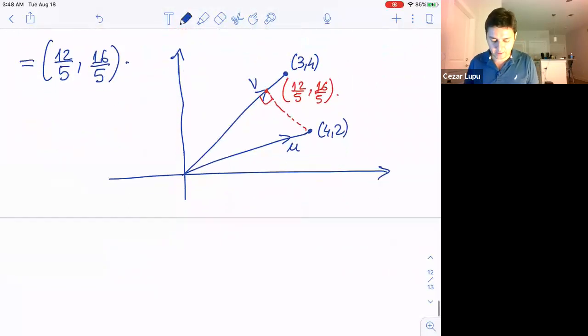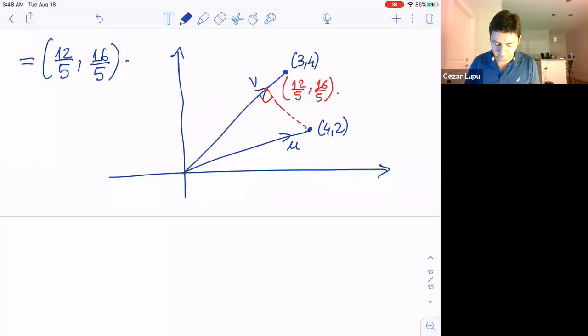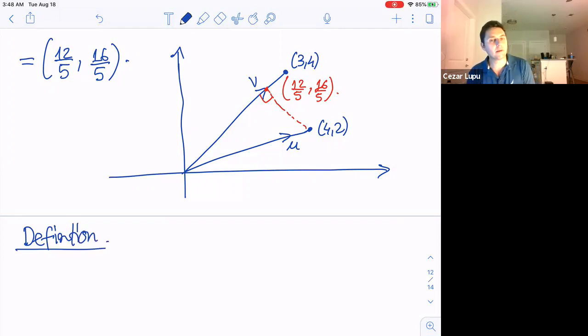And now let's see the definition of orthogonal projection. And guess what? The same definition holds true if we replace R2 by Rn, or even better, if we replace it by any inner product space.